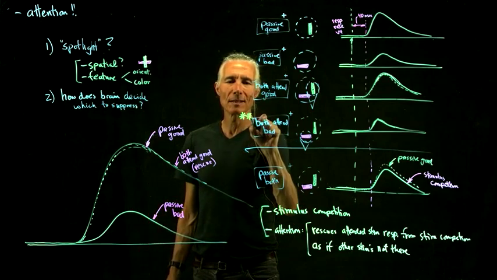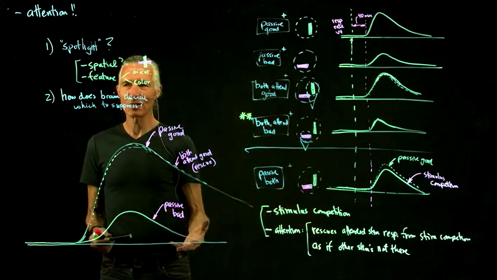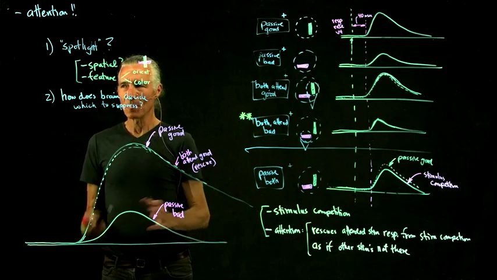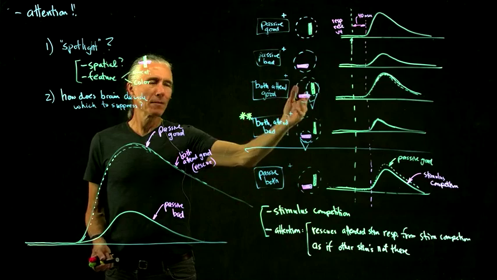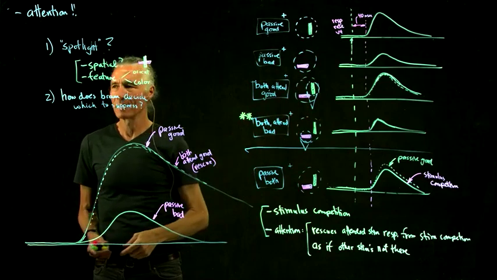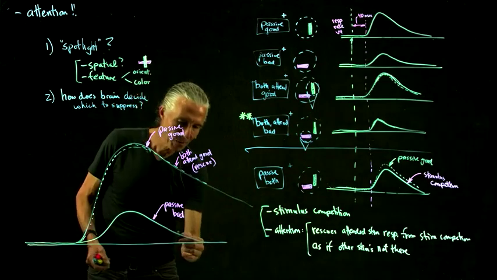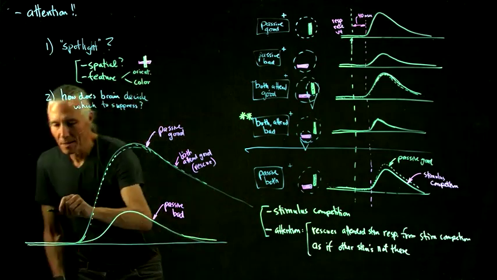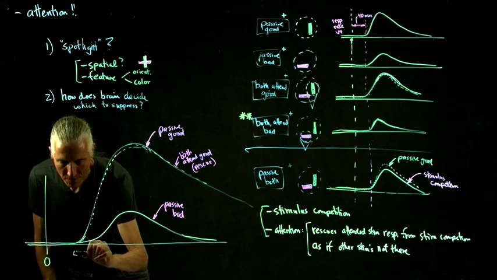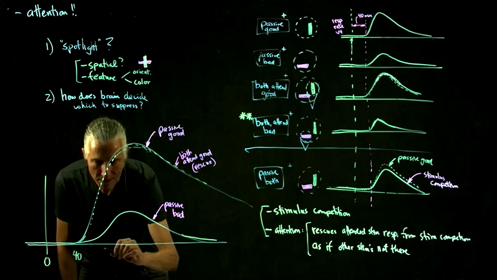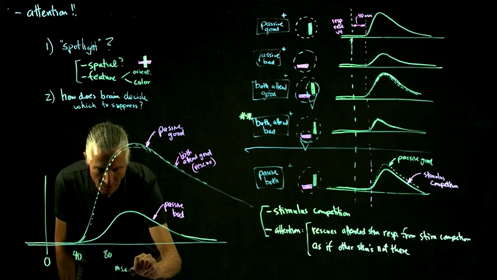We've got the good stimulus in there, and somehow the animal has to figure out which is the good stimulus and which is the bad stimulus. Don't pay attention to the good stimulus, just pay attention to the bad one that the cell doesn't like, which is like the red stimulus. But the other stimulus is actually in the receptive field. So what goes on? If we draw, here's 0, and then here's about 40 milliseconds, and here's about, say, 80 milliseconds. So this is a short period of time. It's a 20th of a second.